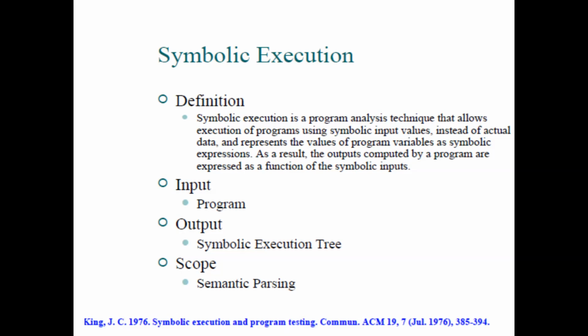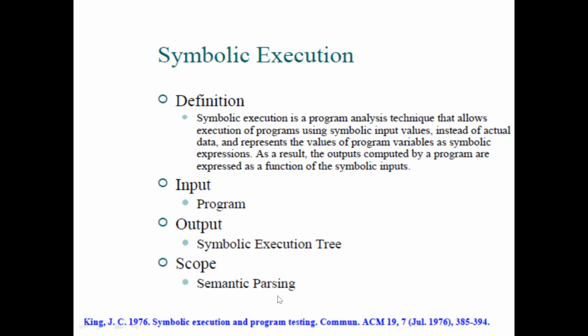As a result, the outputs computed by the program are expressed as a function of the symbolic inputs. So the output generated based on the symbolic input is identified. In symbolic execution, we are giving the program as input, and the output we generate is in the form of a symbolic execution tree. So we'll take the program code and generate the symbolic execution tree, and here we are creating the semantic parsing.